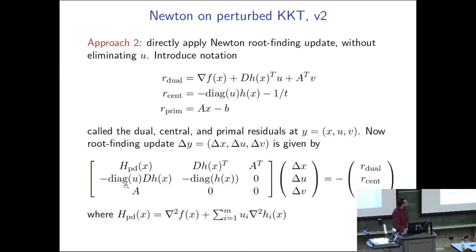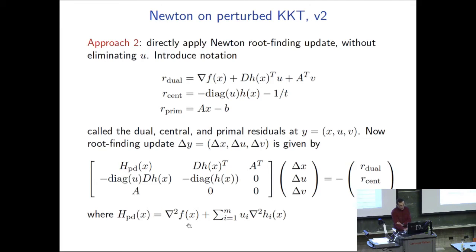I'm going to get just minus diag u times the Jacobian matrix of h at x. Differentiate with respect to u, I'm just going to get minus diag of h of x. And with respect to v, I'm going to get 0. And then finally, for this last block, for differentiation with respect to x, u, and v, I get A, 0, and 0 respectively. So that's the explanation for why this is the Jacobian.